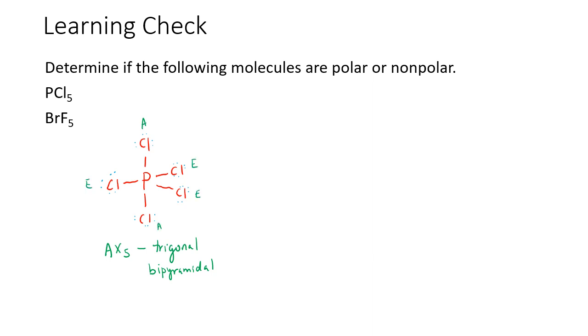And this shape is very symmetrical. We have all of our outer atoms as chlorine, so they're all the same. Therefore, they're all pulling with the same strength towards the electrons within the covalent bond. So overall, this is going to be a nonpolar molecule.